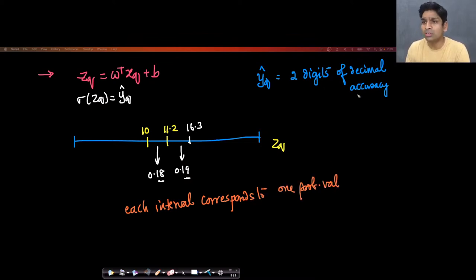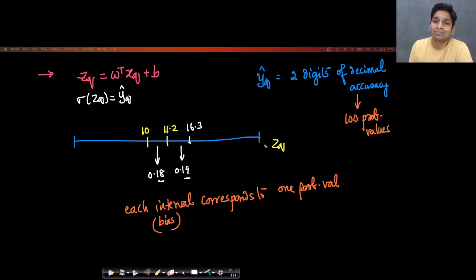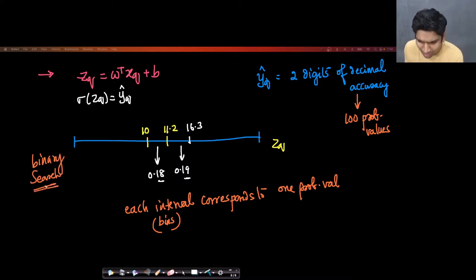Because if you want only two digits of decimal accuracy, you have only 100 probability values. If you have only 100 probability values, I can just create 100 bins, and I can do a binary search in this. Binary search in 100 bins is very fast, right? So this is a hack that I've seen some people do, but it's a good question.